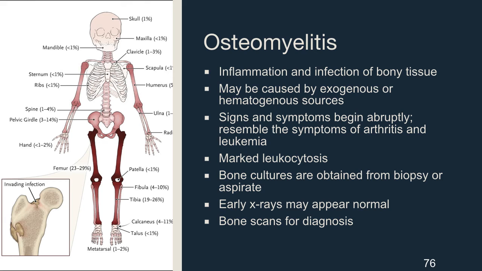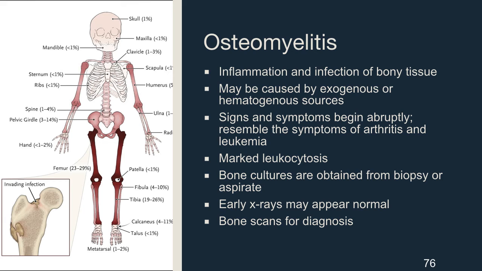Osteomyelitis is an inflammation and an infection of bony tissue. It can be caused by exogenous or hematogenous sources. The signs and symptoms begin abruptly, and they resemble the symptoms of arthritis or leukemia.